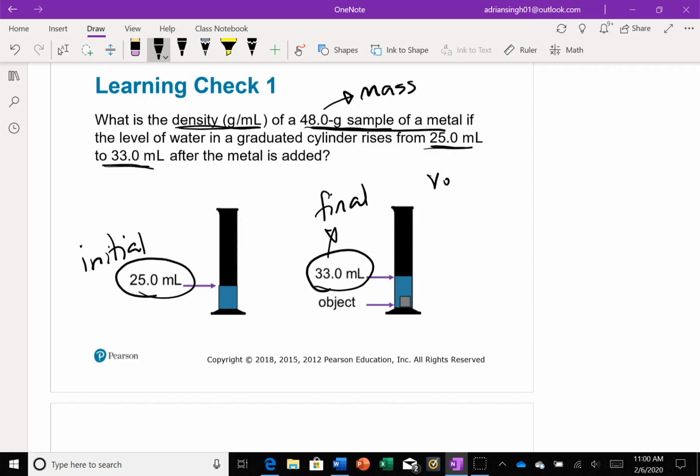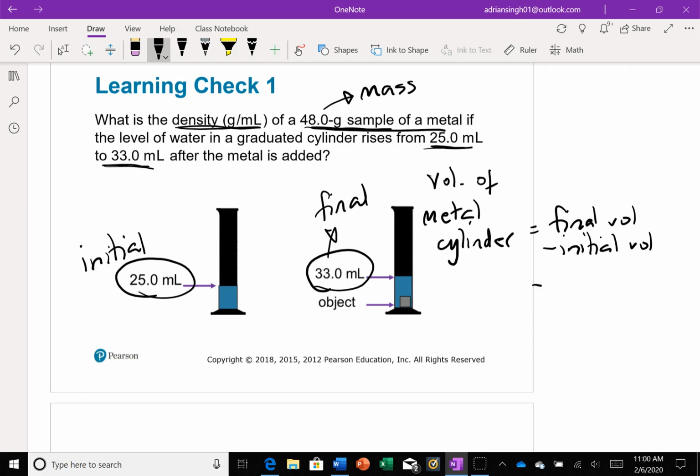So then the volume of the metal cylinder is the final volume minus the initial volume, which is 33.0 minus 25.0 mils. All right, and that'll be 8.0 milliliters.